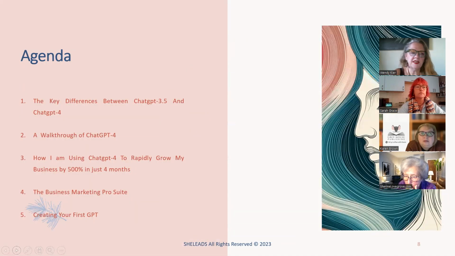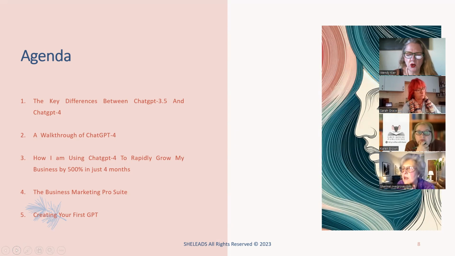So on the agenda today, we are going to whiz through some of it, and then we're going to spend more time in the creation process using ChatGPT, because it can be a little bit tricky. But first of all, we're going to quickly look at the differences between 3.5 and 4. I'm going to give a quick walkthrough of the platform so you know where everything is.